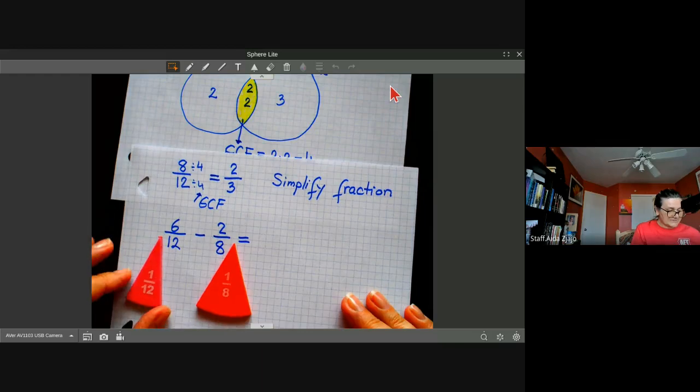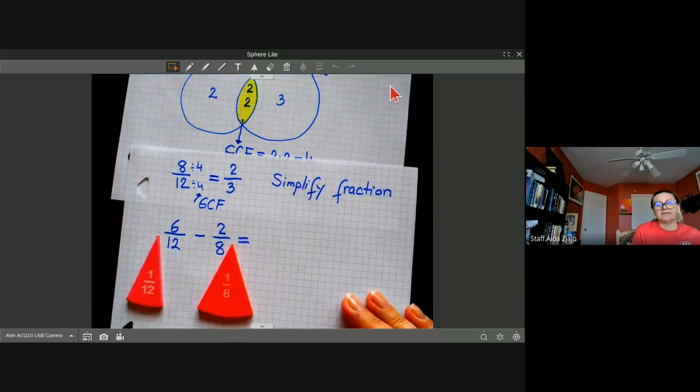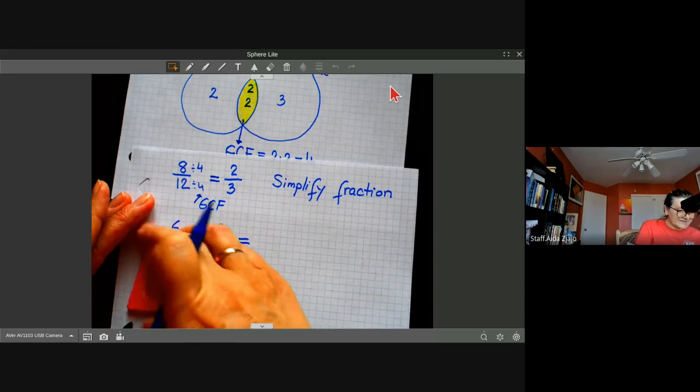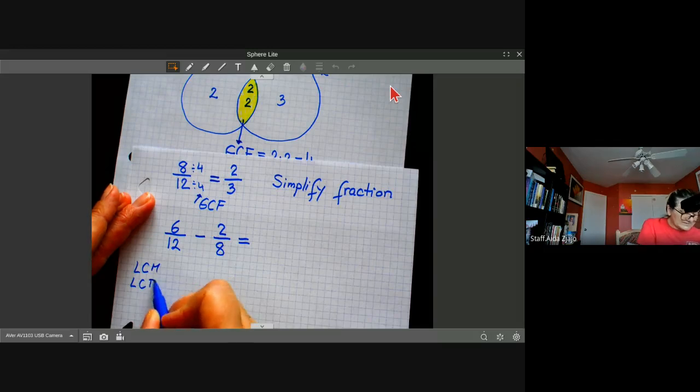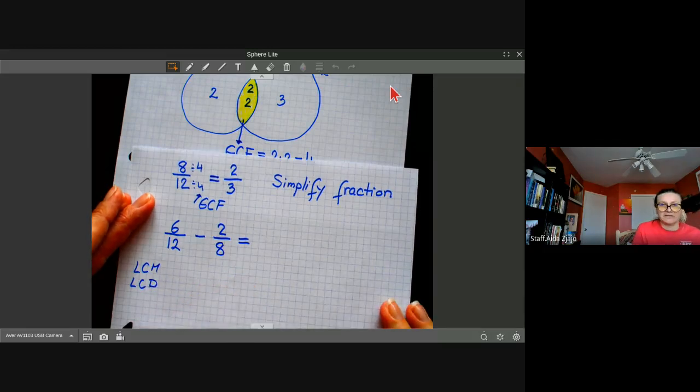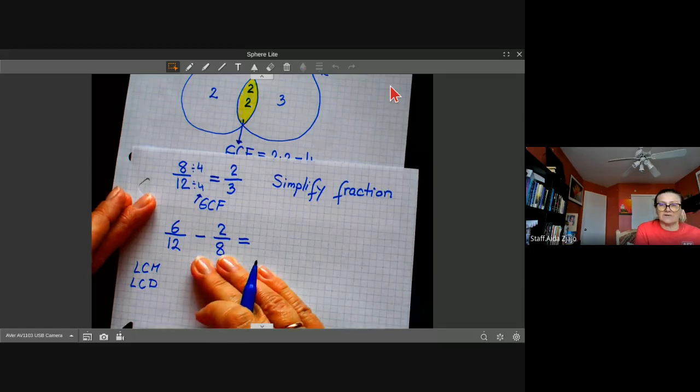You can see they're not the same pieces, so they are not the same size. So what that helps me, then, is I can use the least common multiple or least common denominator to subtract these two fractions.